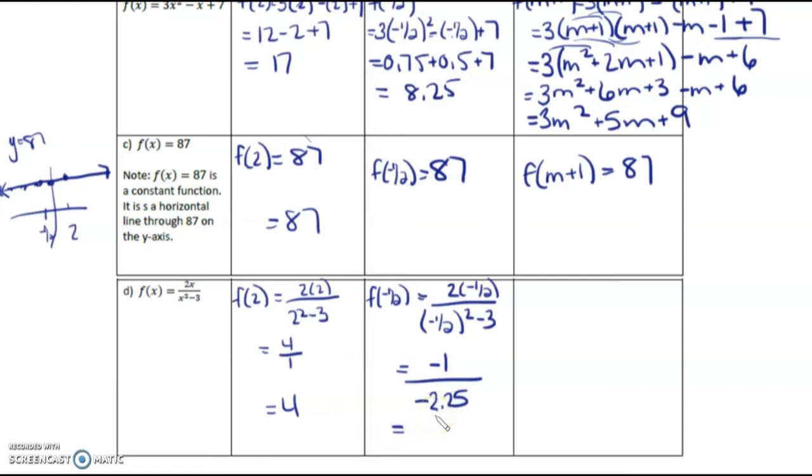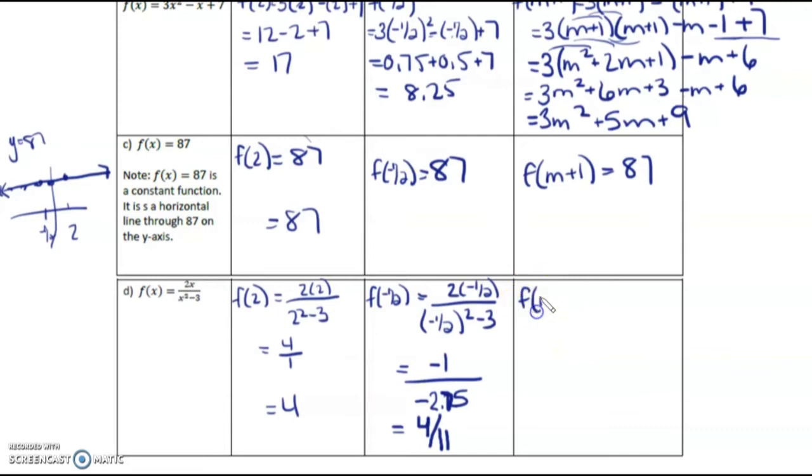So this is an actual fraction. Yeah, it's negative 1 over negative 2.75, so positive 4 over 11.